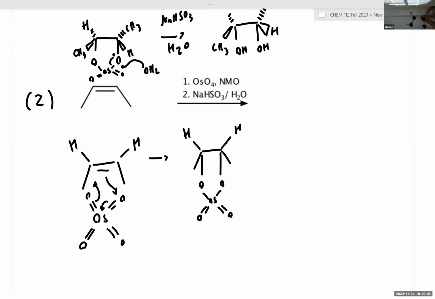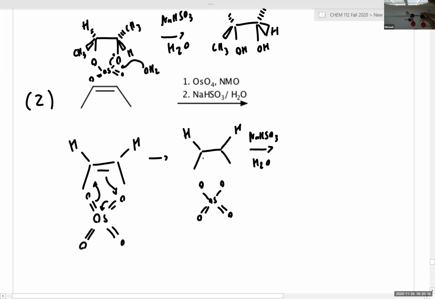We can arbitrarily choose to add from the top or the bottom face. We're going to add arbitrarily from the bottom face. Okay, so here's our diol, right? After treatment with sodium hydrogen sulfite and water, we cleave off our osmate ester, and we're left with our diol.